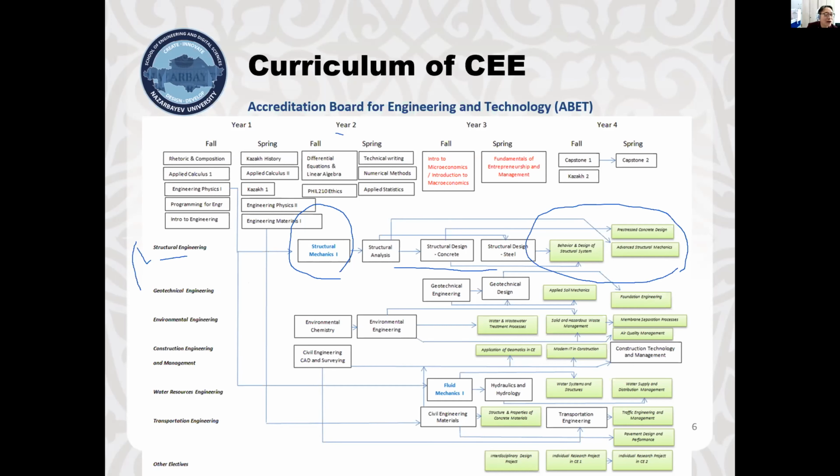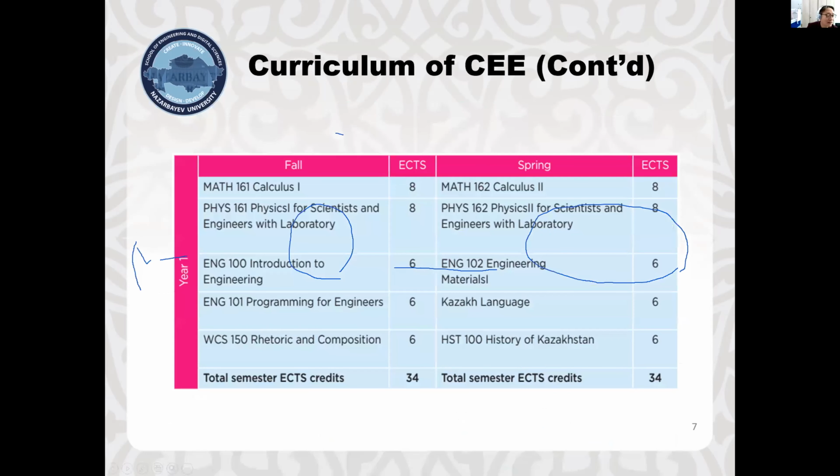If I go deeper, year one is when you enter our department, and these are all the year one courses. In year one, you learn what engineering is and achieve those basic concepts.